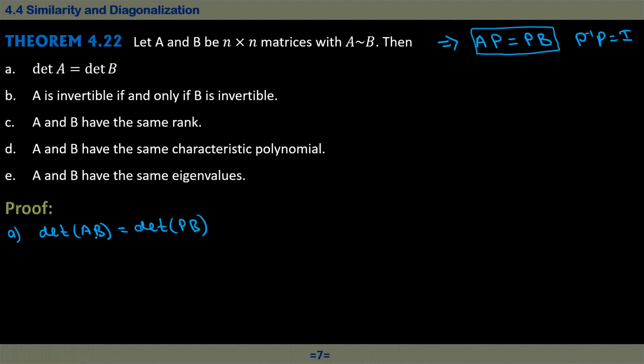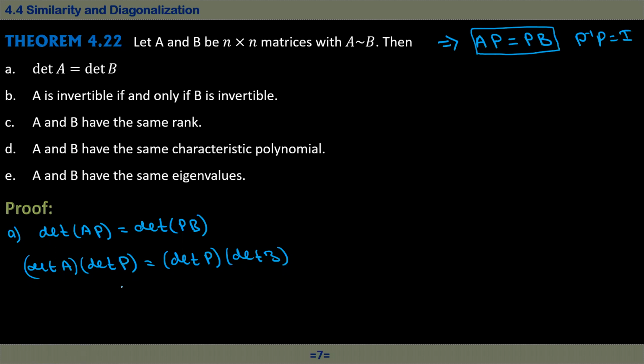And using the theorem that the determinant of A times B equals the determinant of A times the determinant of B, on the right hand side we have the determinant of P times the determinant of B. Why did I write B? It should be P, right? This one is P. A times P equals P times B. Also here we have the determinant of P.